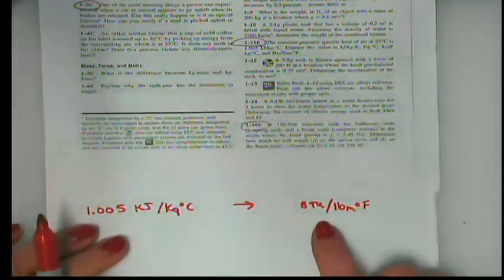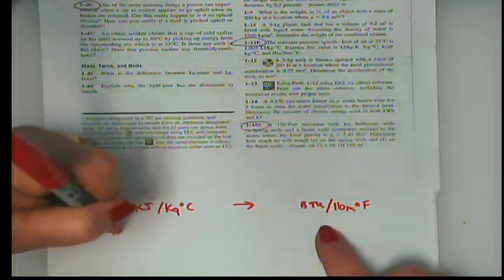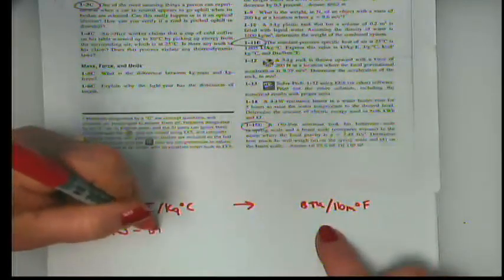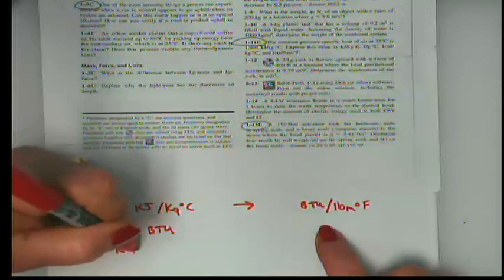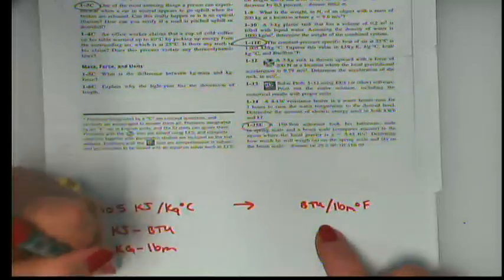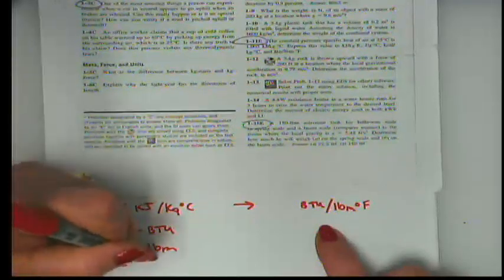So we actually have three separate units. We need to convert kilojoules to BTUs, and we need to convert kilograms to pounds of mass, and then we need to convert degrees C to degrees F.